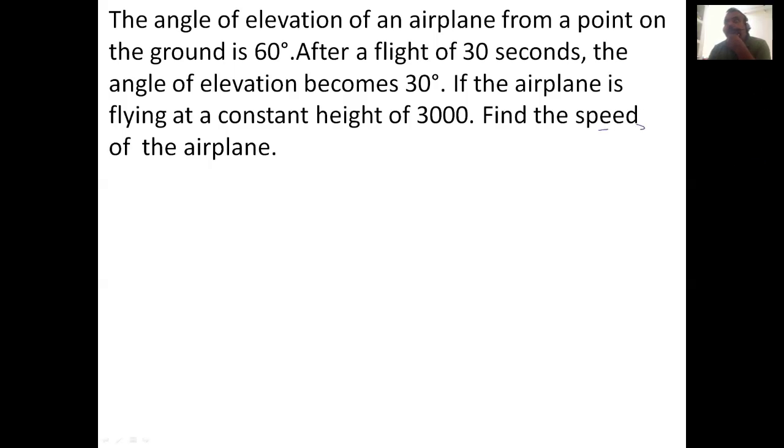So there are two things. There is a speed. The speed is equal to distance upon time. So let us see what is happening. This is a place where the aeroplane is flying.